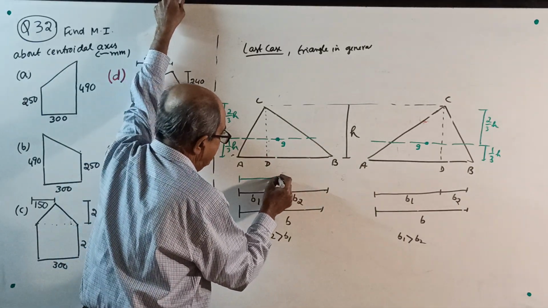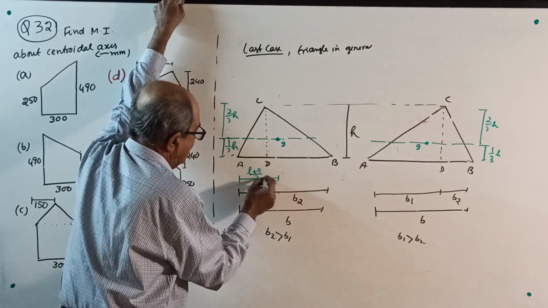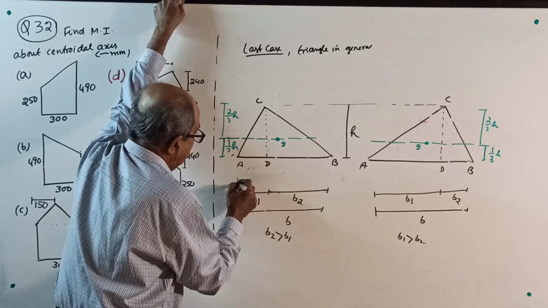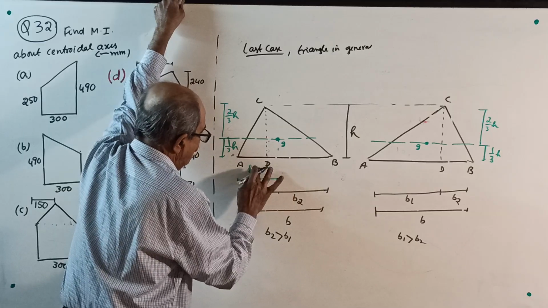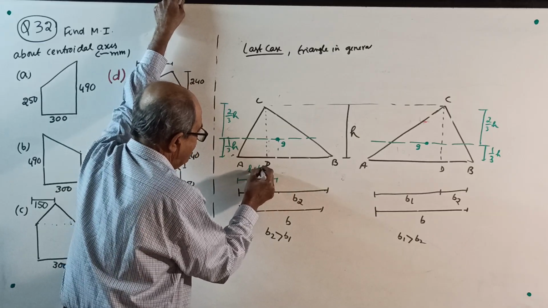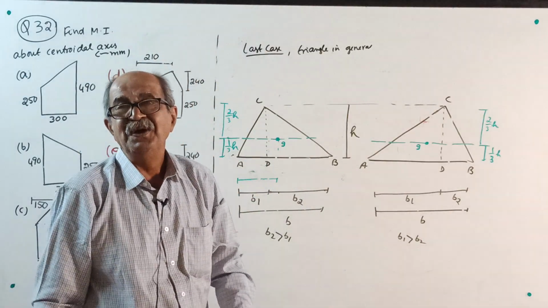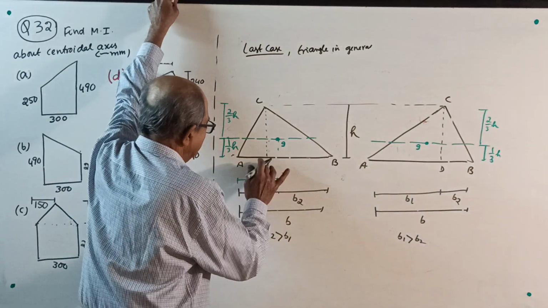From here to here, you write L plus A/3. I told this long back, for a simply supported beam with an eccentric load. Such things happen.